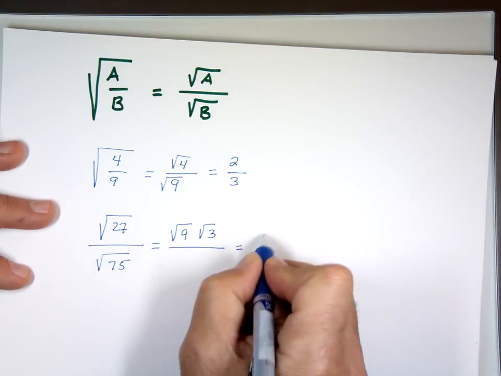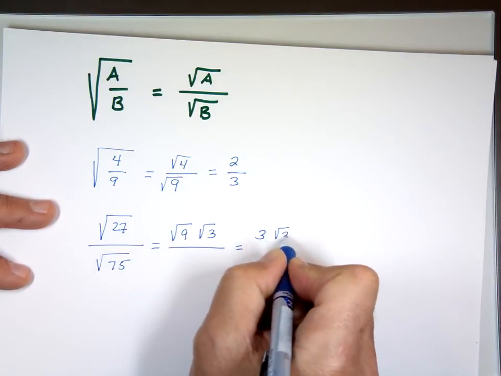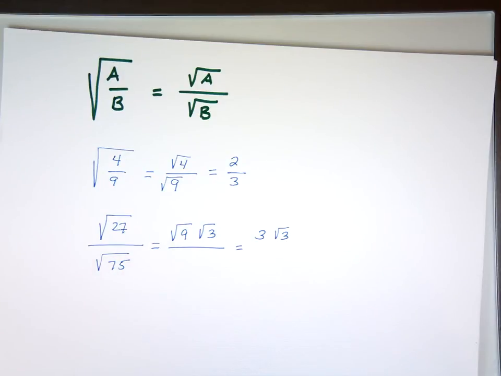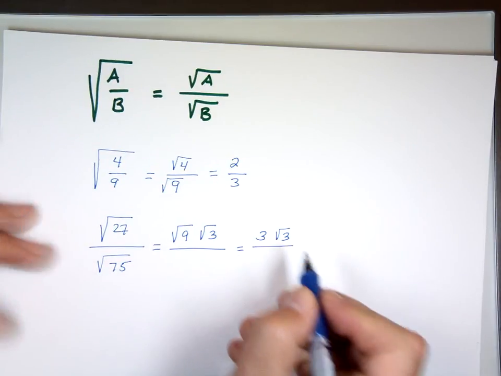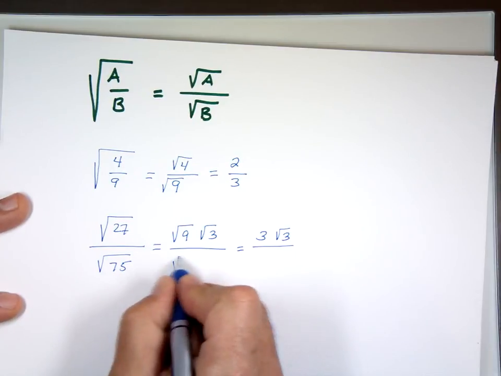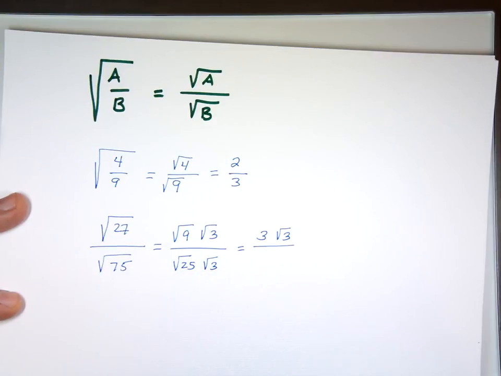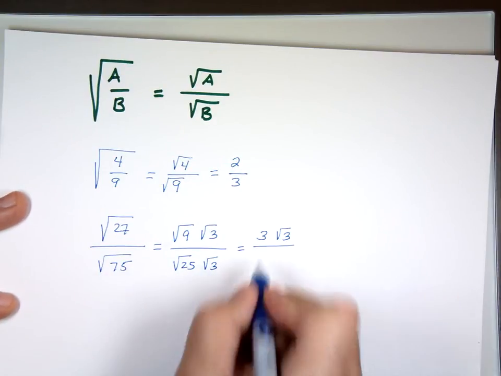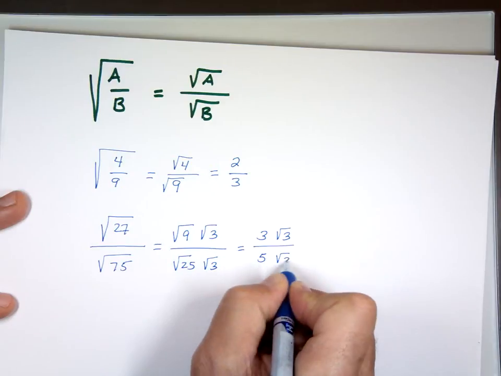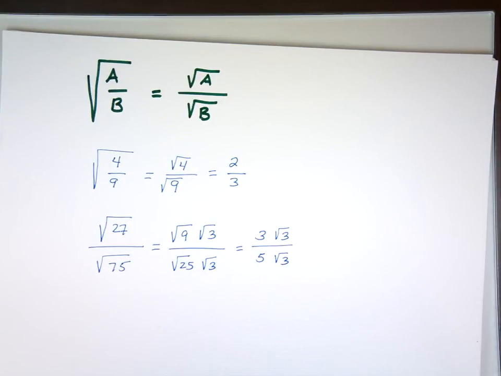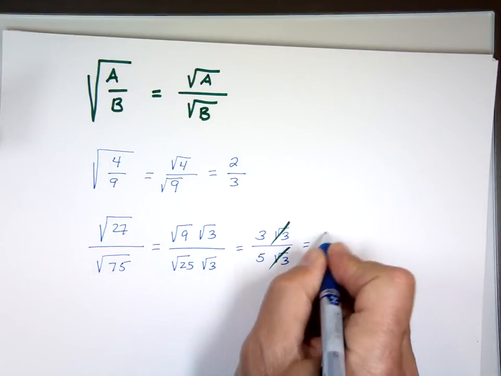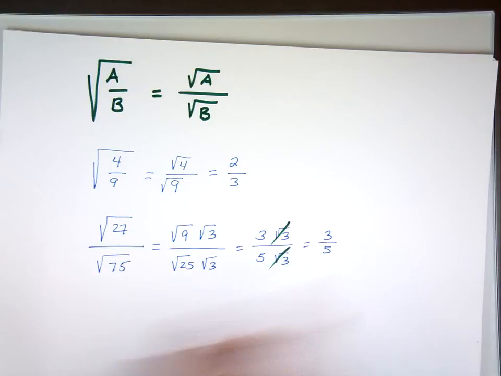And that'll be 3 times the square root of 3. And the 75 is what? 25 times 3. And the square root of 25 is what? 5, times the radical of 3. And what do you notice about the radical of 3? Gone. 3 over 5. That's one way of doing it.